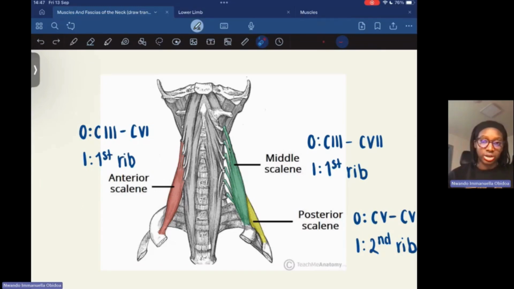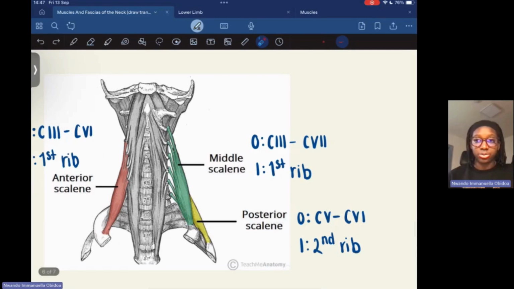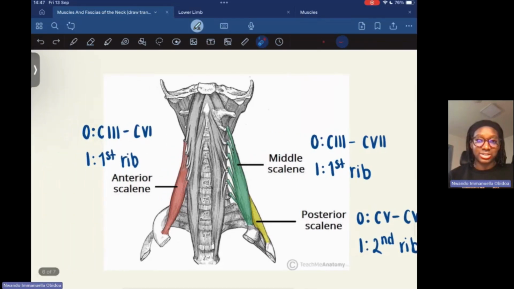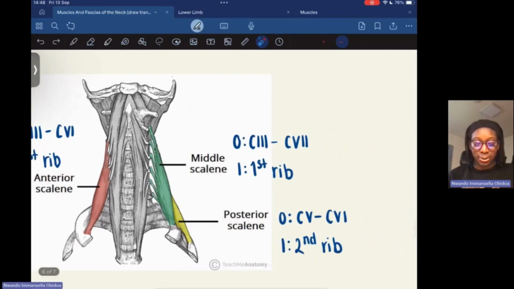But the anterior scalene originates from cervical vertebrae 3 to 7 and inserts on the first rib. And then the middle is cervical vertebra 3 to 7 on the first rib. I've made an error. Anterior scalene is cervical vertebra 3 to 6, sorry.